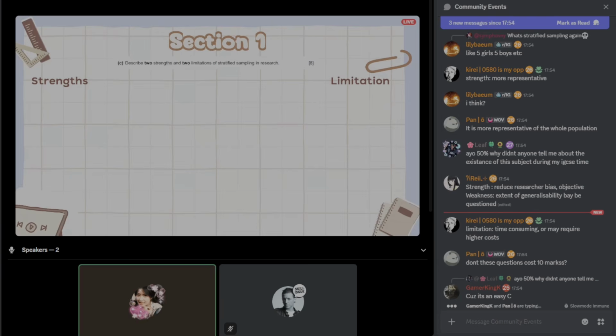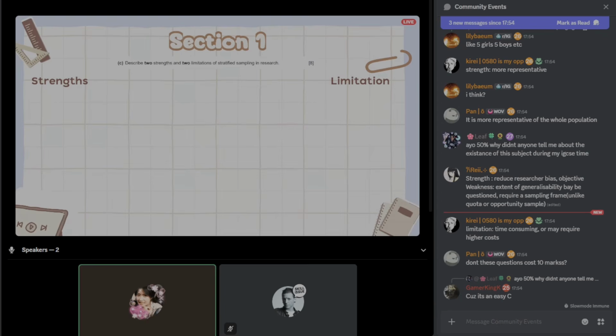So there are many people here saying that stratified sampling is more representative. Yes, that is correct. It is more representative. It also does reduce researcher bias most of the time.